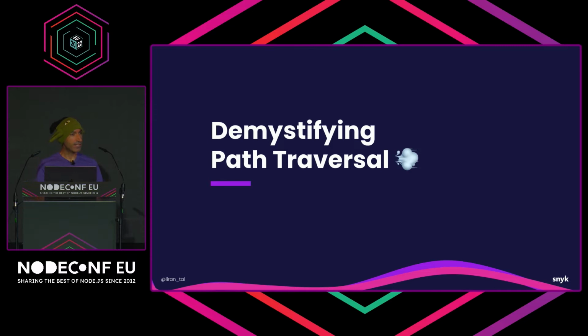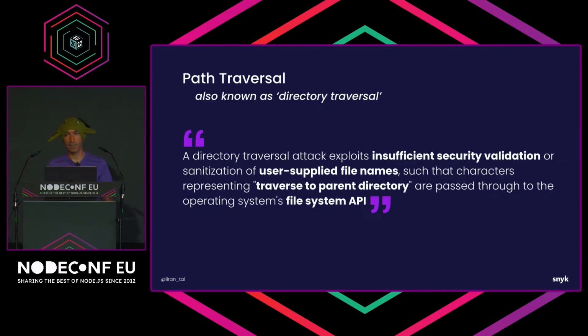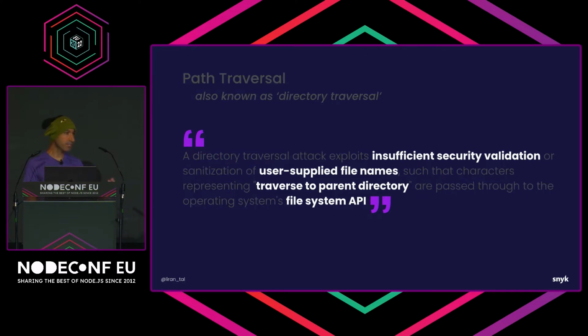So with that, I think we need to define and demystify what Path Traversal actually is. This is the Wikipedia dictionary definition of Path Traversal, which is also known as directory traversal. If we call out the very specific things and highlight what's really important here, it's the idea of this being a vulnerability essentially because of insecure coding practices, such as not validating input that is user supplied and is related to accessing files.